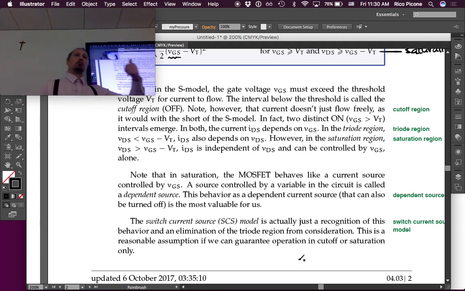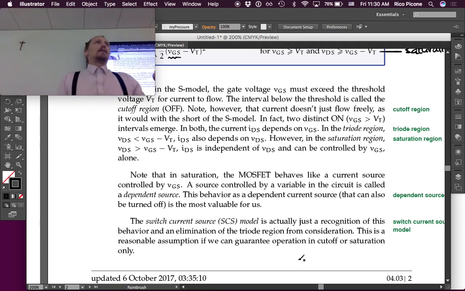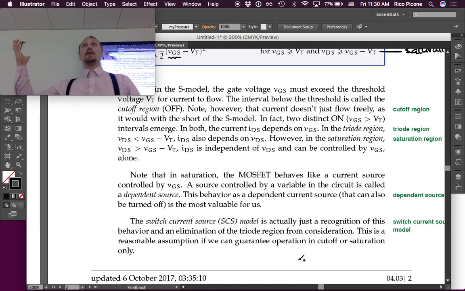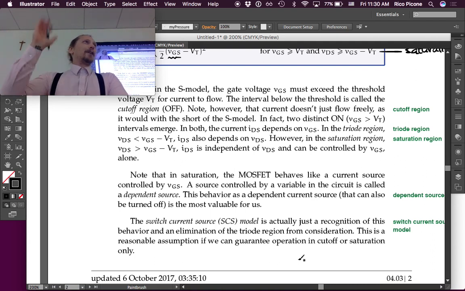So the switch current source model, so we started with just the switch model, the S model, right? Really simple. It kind of got us most of the way there, off and on, but it didn't describe on very thoroughly. So then we introduced this switch unified model, which is actually pretty accurate, but it's really nonlinear, kind of annoying. The switch current source model is the one that you're going to see most people use out there, like on the internet or in textbooks and whatnot. And so I wanted to mention it.